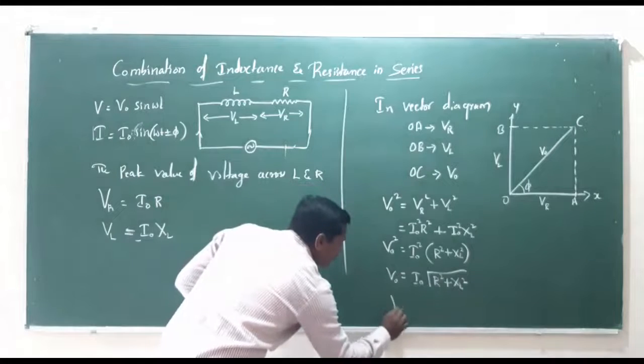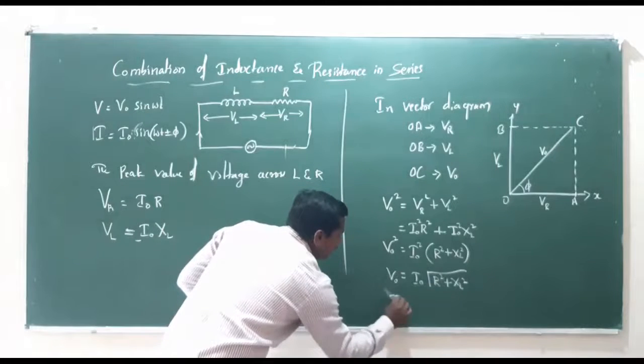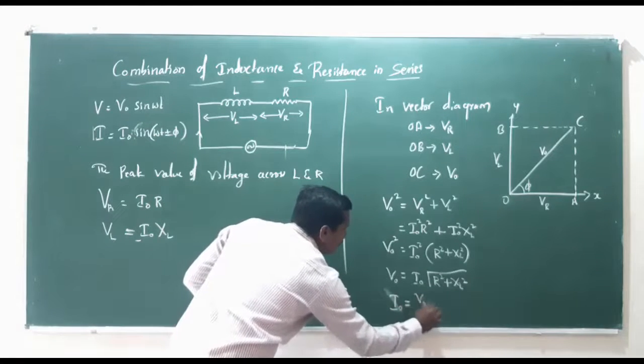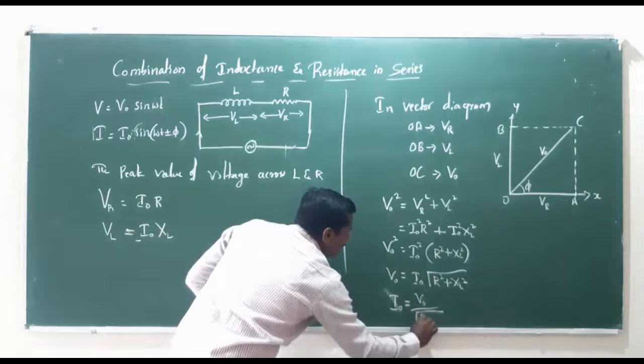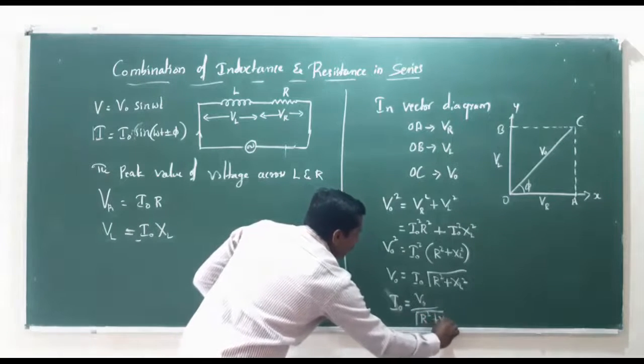If we simplify further, I naught is equal to V naught divided by the square root of R square plus chi L square.